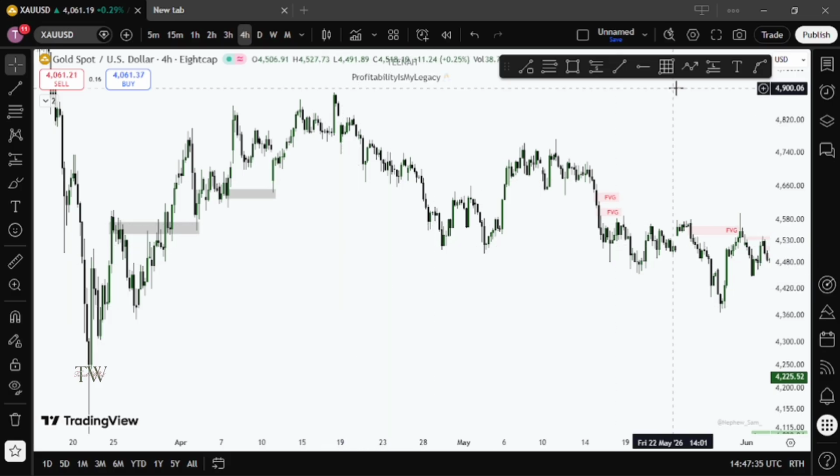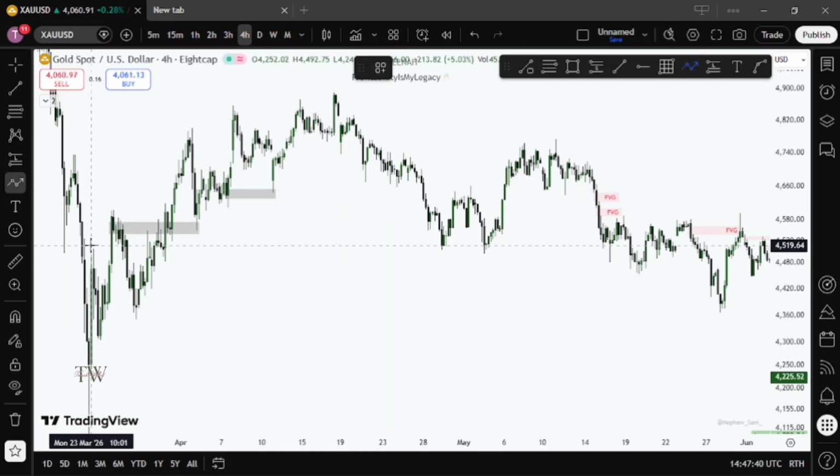All right, so here it is. Like we said, in an uptrend, price will be breaking the higher highs progressively. As you can see, price is breaking the higher highs. I'll try as much as I can to make this one a very short one.